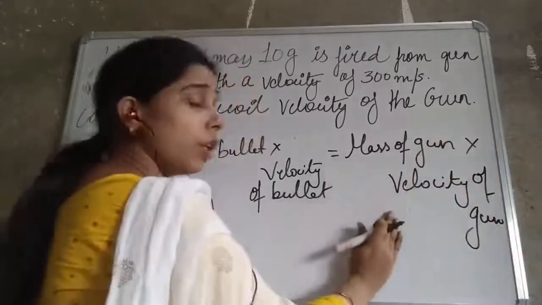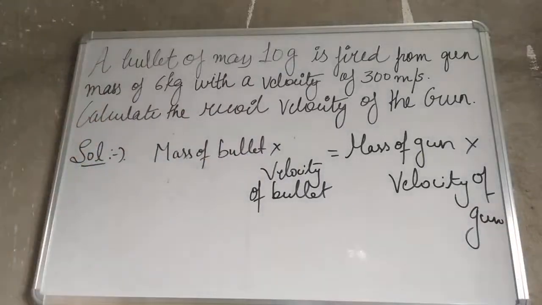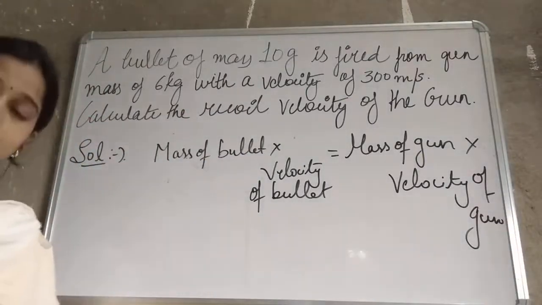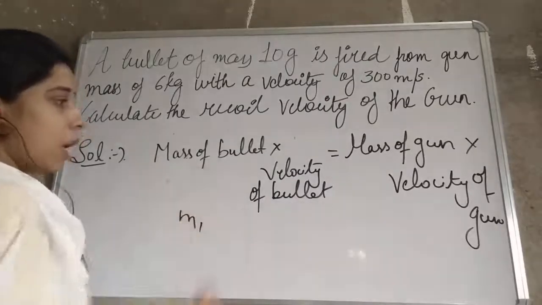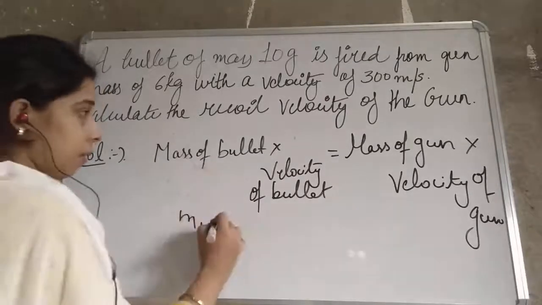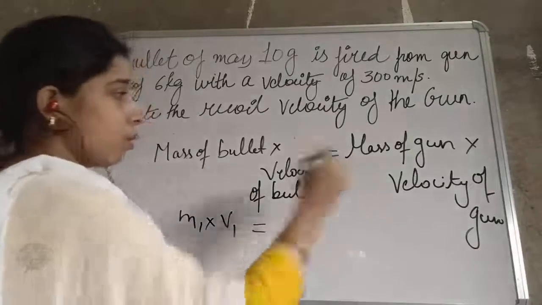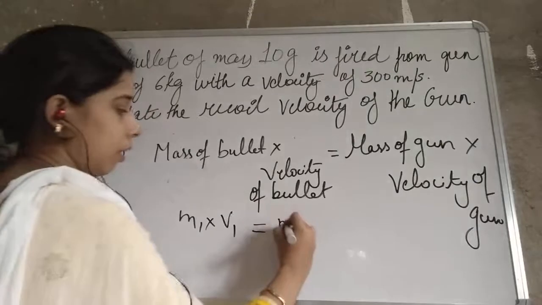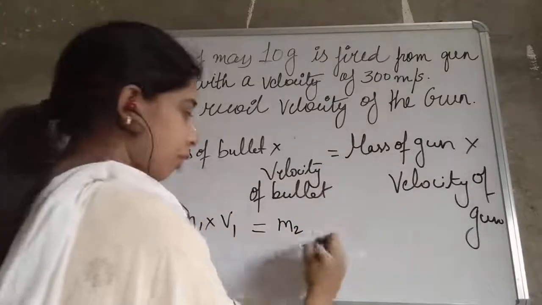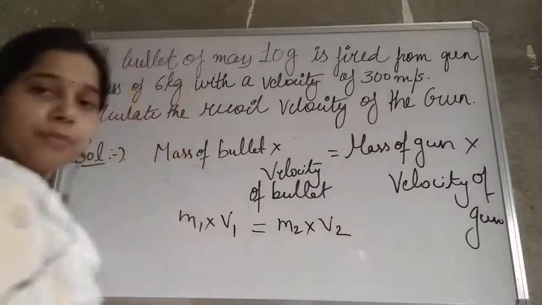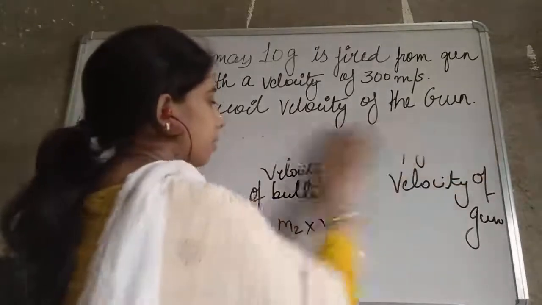Now you see here, students, you can write it as the recoil velocity of the gun or velocity of the gun. Here the mass of the bullet we represent by m1, velocity v1, is equal to the mass of the gun m2 and the recoil velocity of the gun is v2. Now we will simply put the values here and get the answer.